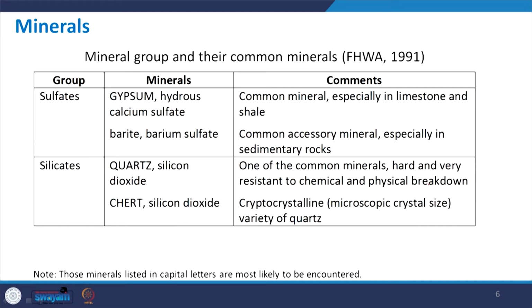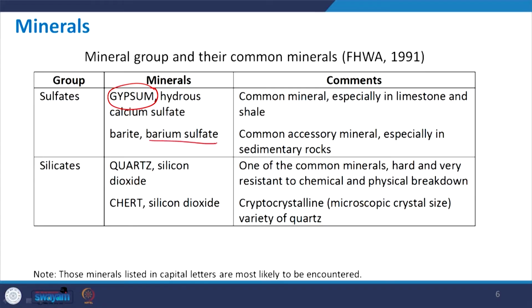Coming to the next one, that is sulfates. Gypsum, very well known to most of us. Hydrous calcium sulfate is the common mineral, especially in limestone and shale. Then the next in the sulfate group is barite, or barium sulfate, which is again a common accessory mineral, especially in sedimentary rocks.